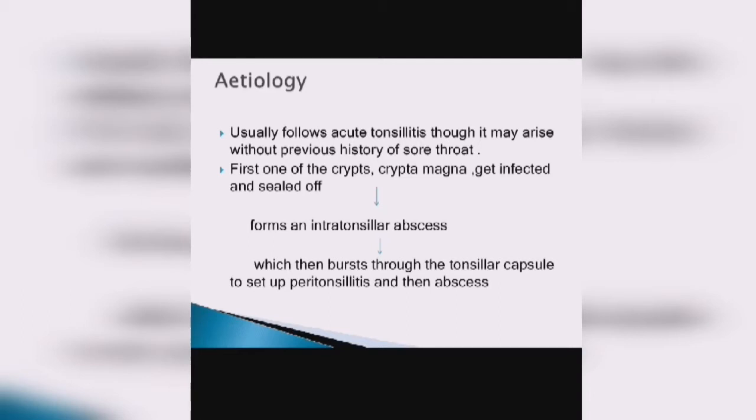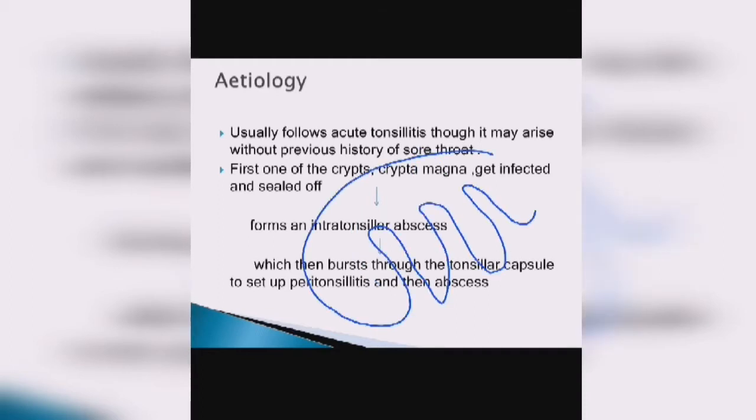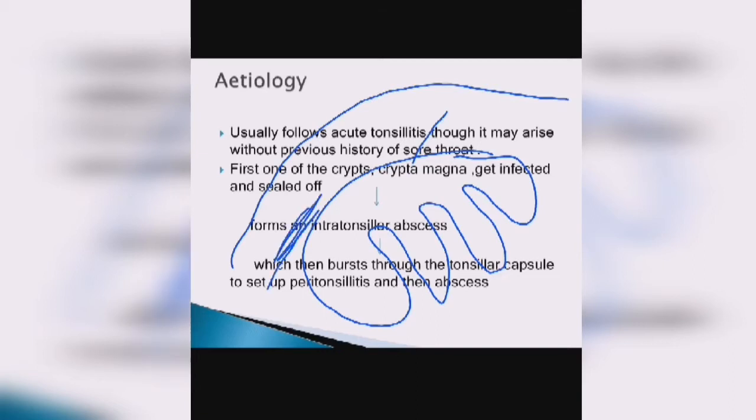When the intratonsillar abscess forms, I have shown you some images. You can see the tonsil, and some crypts of the tonsil. This is the capsule, here the superior constrictor muscle, and here the peritonsillar space. What is an intratonsillar abscess?